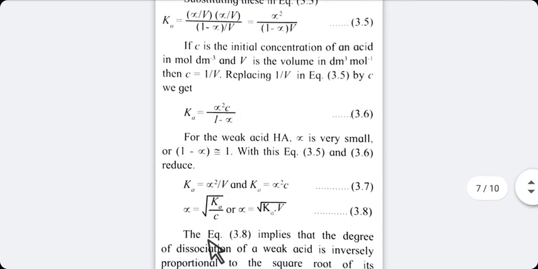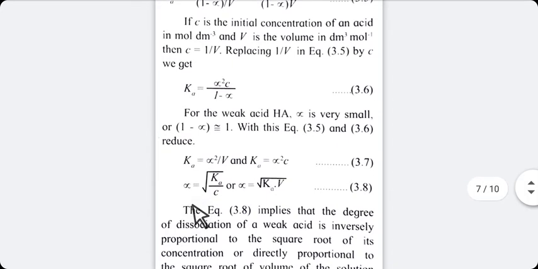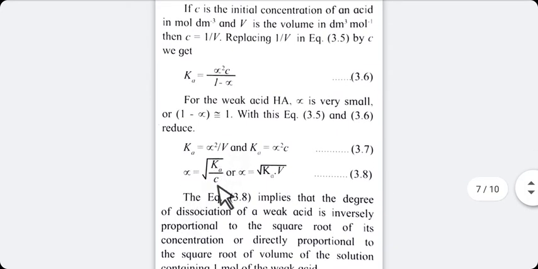Now, whenever you are taking the formula of alpha, it will become alpha is equal to root Ka upon C, or alpha is equal to root Ka into V. So these are nothing but the formulas for Ostwald dilution law for weak acid.